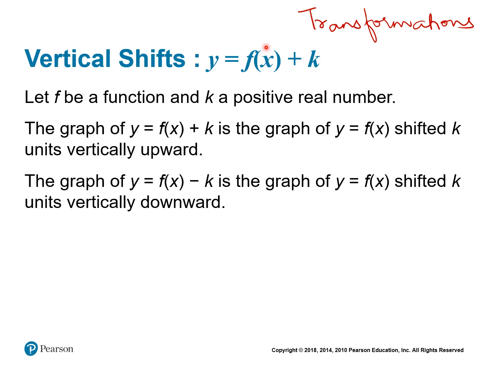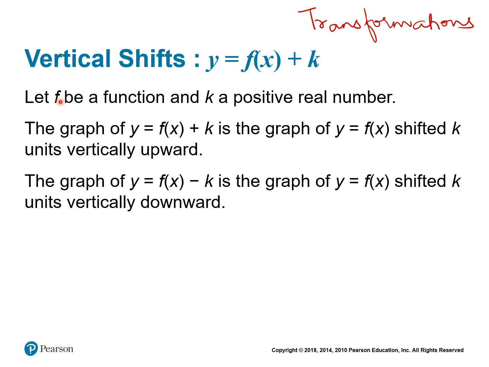So if you take the original function and add a certain value denoted by the variable k, any value, then depending on whether k is positive or negative, the graph will slide up or down along the y-axis.